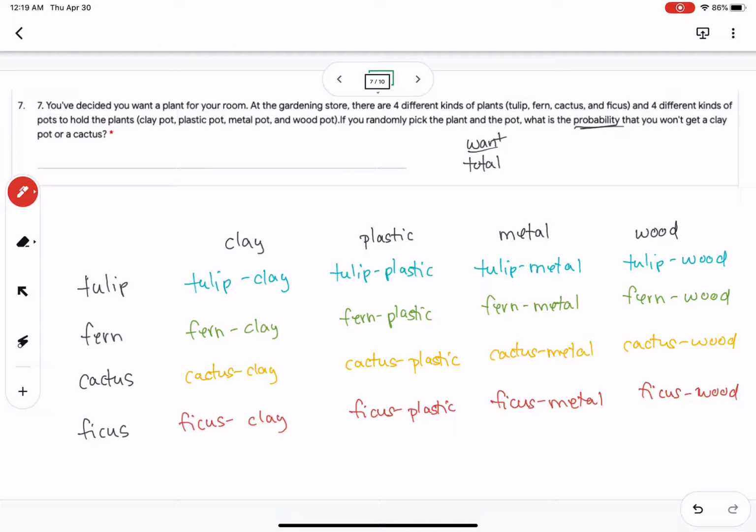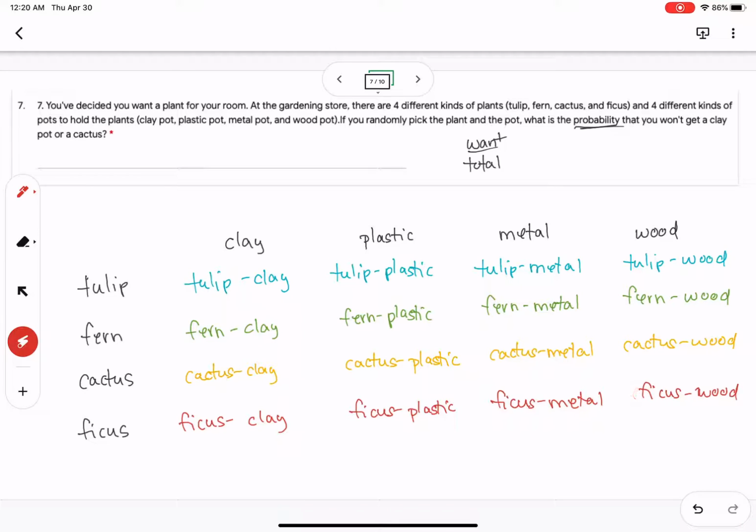So that gives us the total number here. Notice I made them all different colors. We're not looking at the black here. That's how we found all those different options. So let's count and see how many options there are. 1, 2, 3, 4, 5, 6, 7, 8, 9, 10, 11, 12, 13, 14, 15, 16.